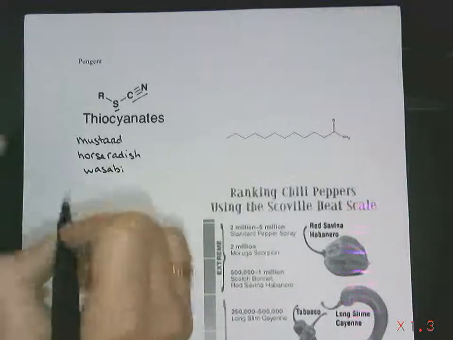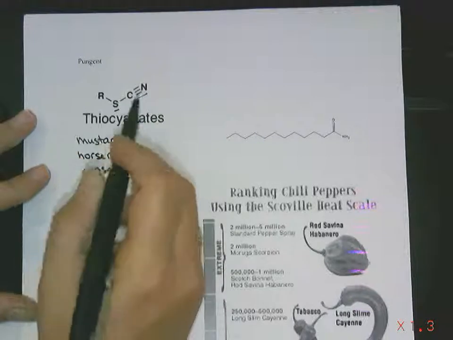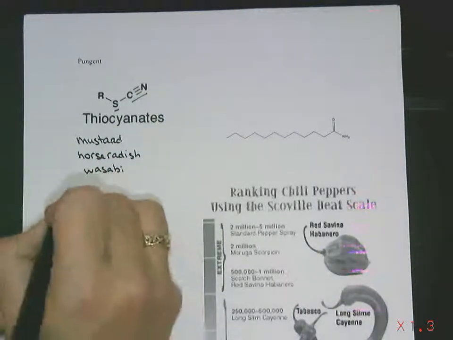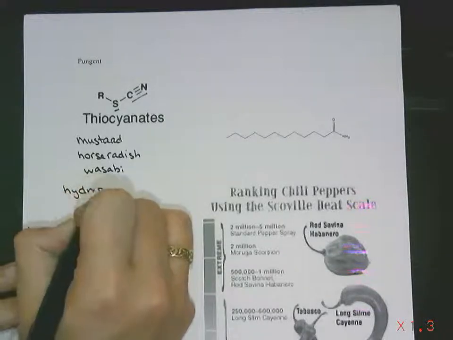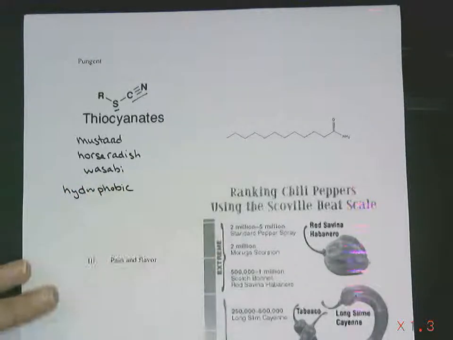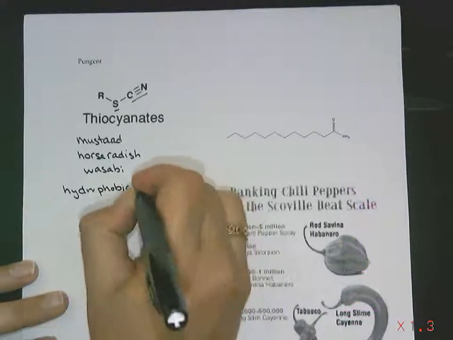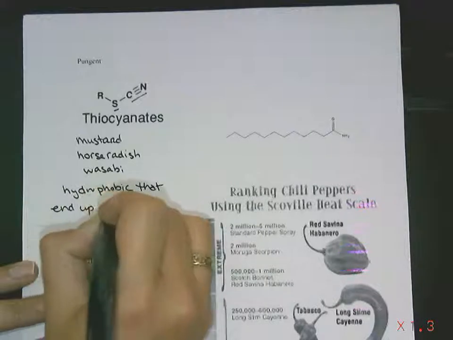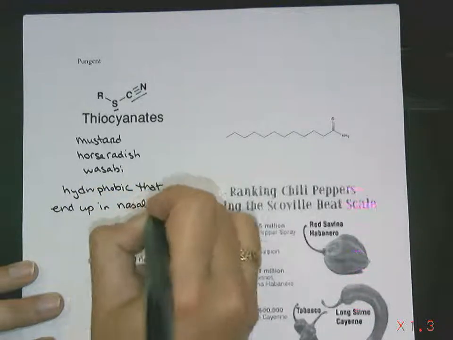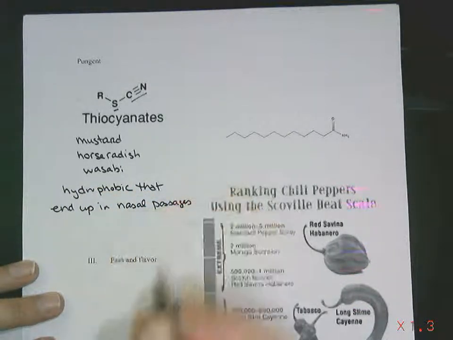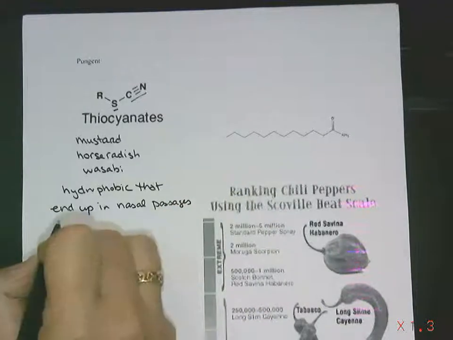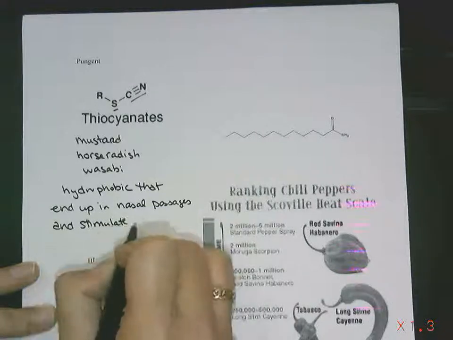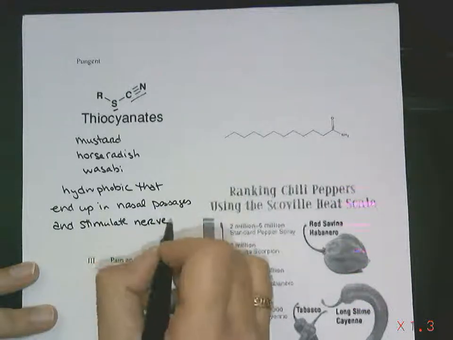And so these thiocyanates that are found in mustard, horseradish, and wasabi are, again, they're small, right? They're very small molecules. They're light, they're volatile, and it turns out that they are hydrophobic molecules that end up in the nasal passages and stimulate nerves that respond to pain.